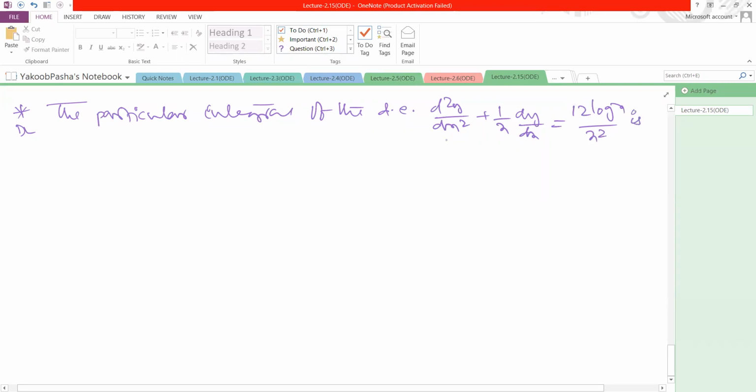It is not in the form of x square d square plus x into dy by dx, so we can multiply with x square.